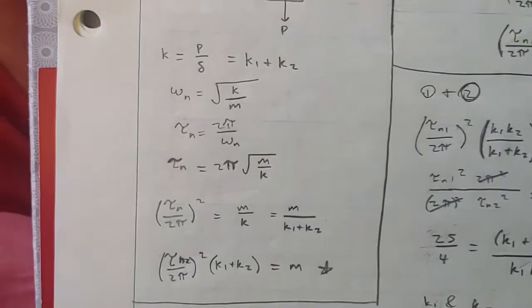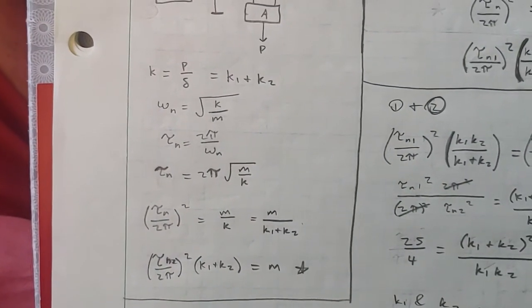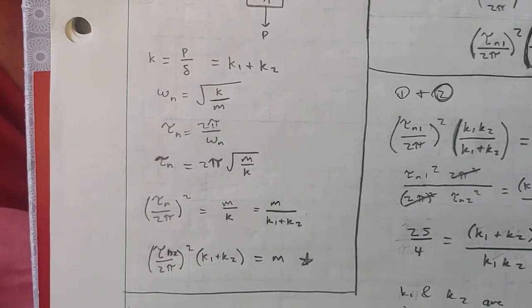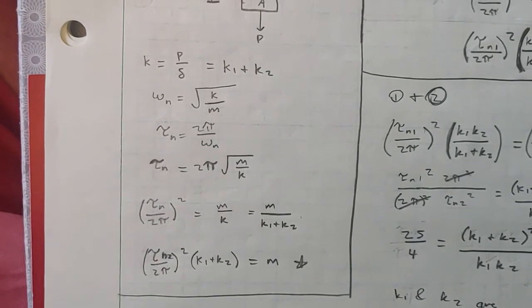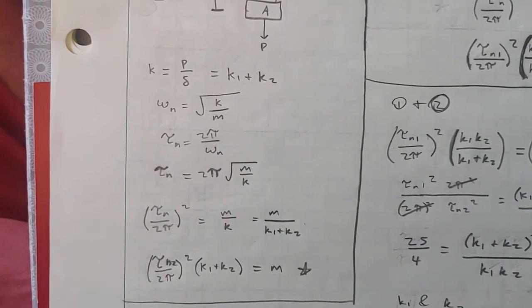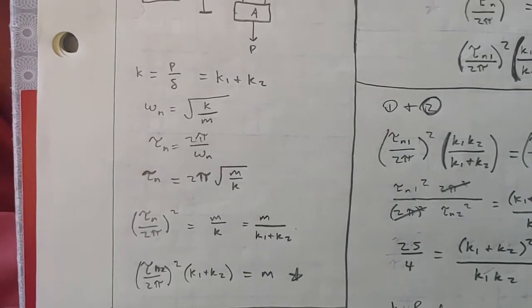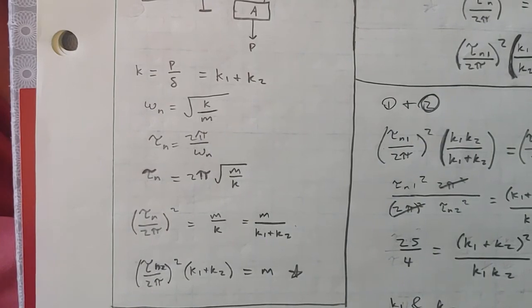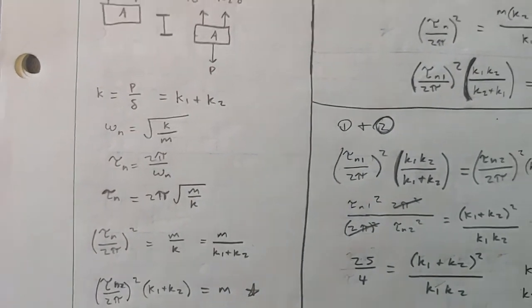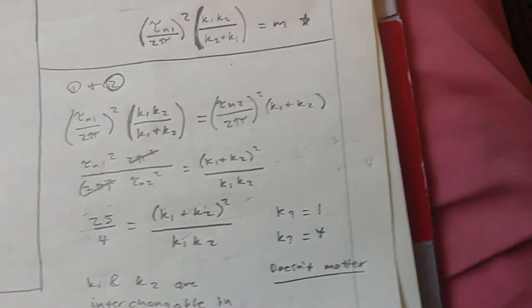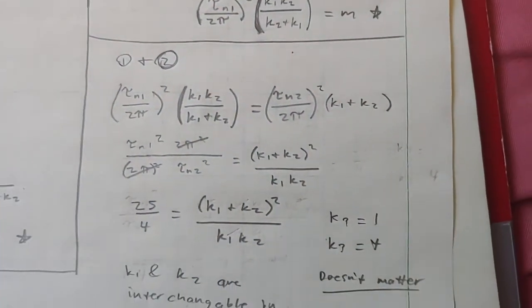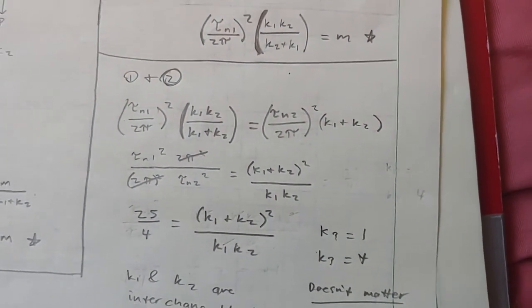Anyway, going back, we insert K1 plus K2 for our K constant, and then we have everything equal to mass. Our natural period of the second position over 2 pi squared times K1 plus K2 equals m. So now we'll go ahead and add both of these equations together.